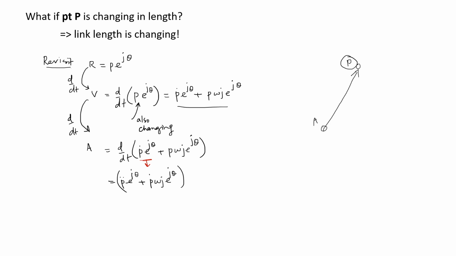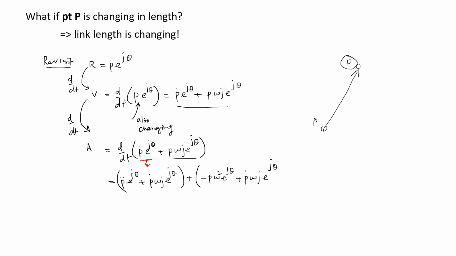and then added with the other term, the time derivative of that is going to be equal to, for this term, minus p omega squared e raised to power j theta as one term. You'll get another term like p dot omega j e raised to power j theta.